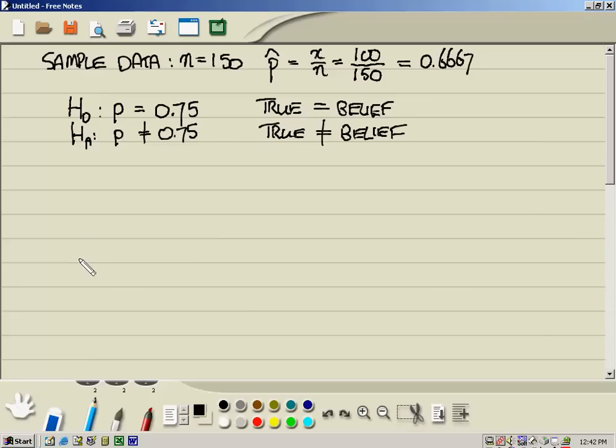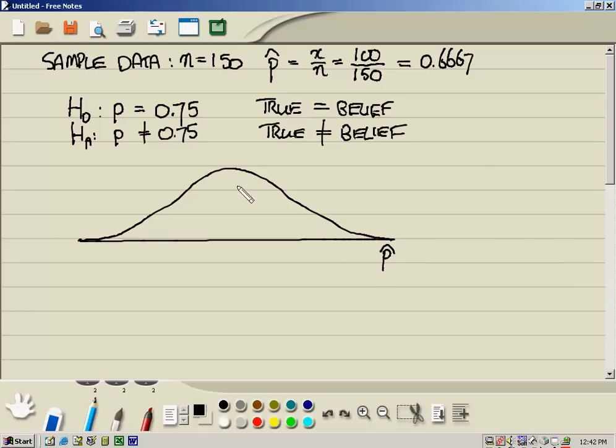Next step is to do calculations. We'll draw a diagram. So this is the hypothesized value of the true probability distribution of all possible sample proportions. If the null hypothesis is correct, then p is equal to 0.75.